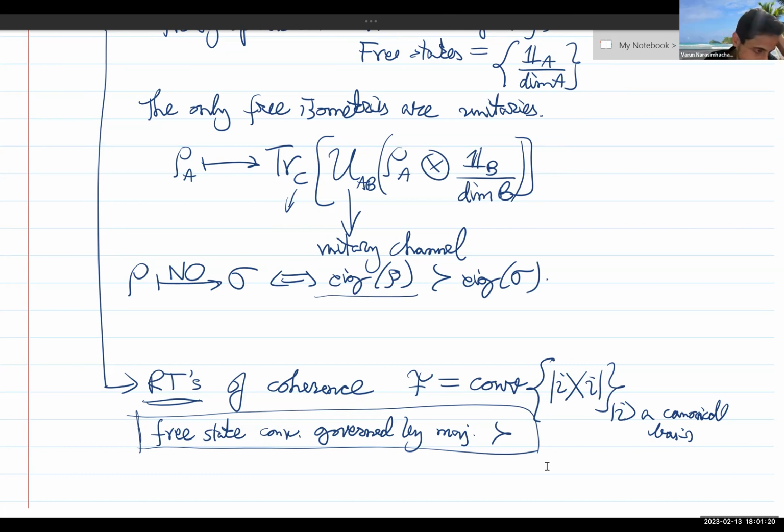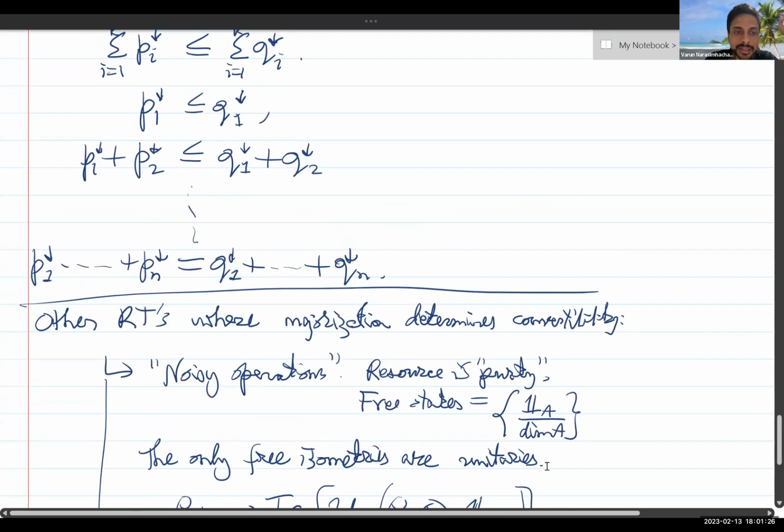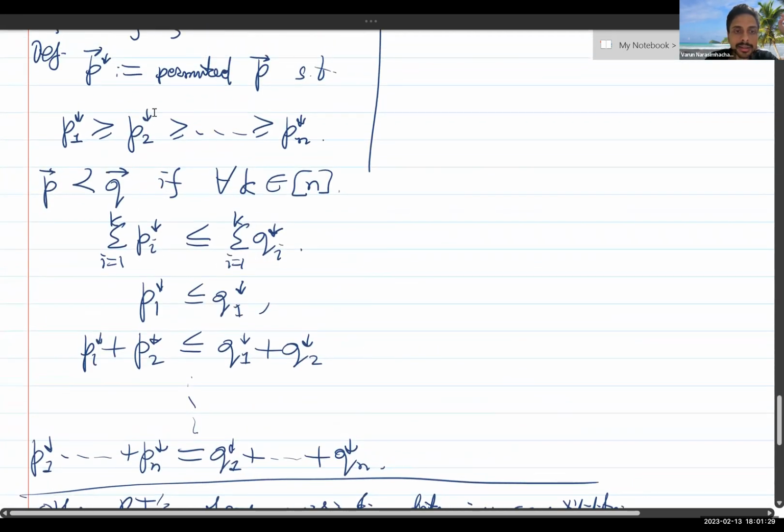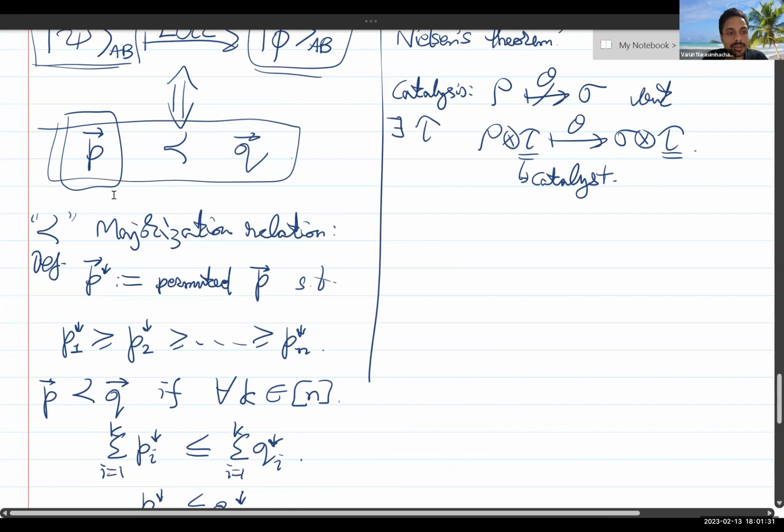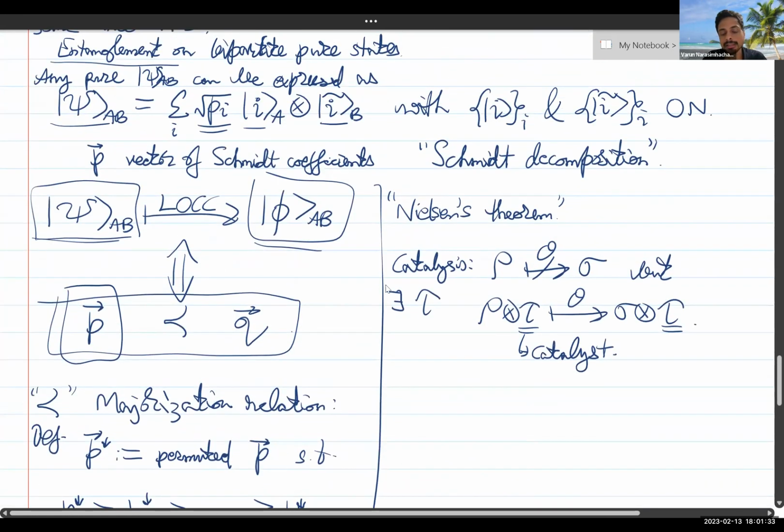Yeah, I think, for example, they can increase the Schmidt rank of pure states, like this thing that I discussed. If you have two pure states, under LOCC, you can only go from something of a certain Schmidt rank, where rank means the number of non-zero Schmidt coefficients, to something of no larger Schmidt rank, because that's a necessary condition for majorization.